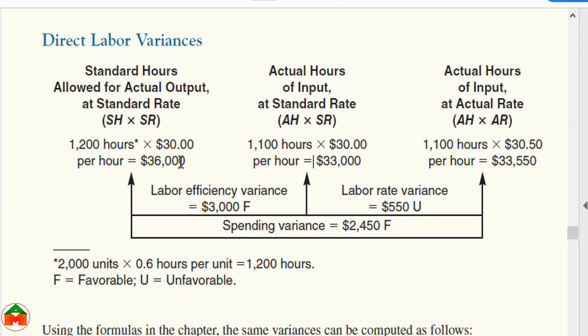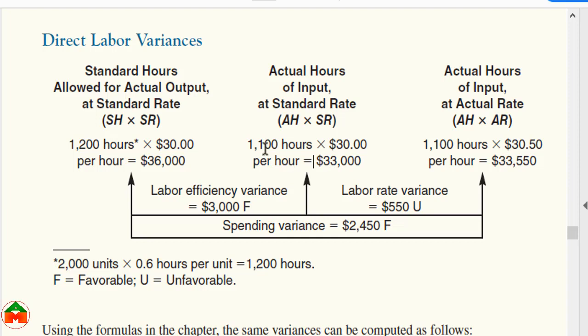If we compare 36,000 with 33,000, the standard cost should be 36,000. Actually the cost is lower, so this is favorable. So labor efficiency variance is 3,000 favorable.